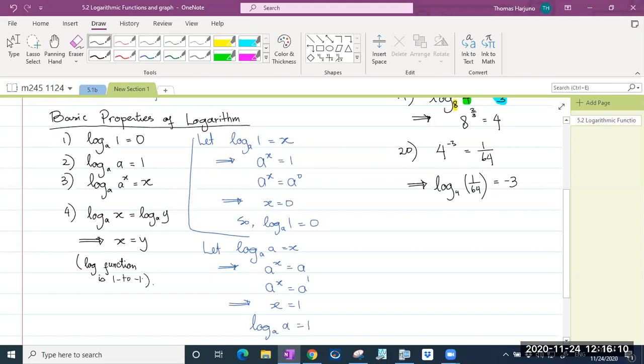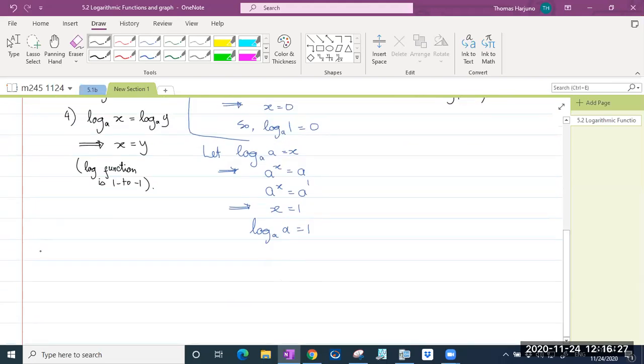But before I claim that log function is one to one, I will show you why it is one to one first. Our textbook says it is one to one without showing the reason. Now, what is the reason? Here's the reason. And it's so important that let me call it a theorem.